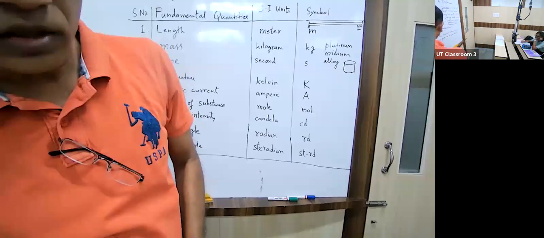Whereas quantities like displacement, velocity, these are all vector quantities. So displacement is a vector quantity, that is, it has both magnitude as well as direction.